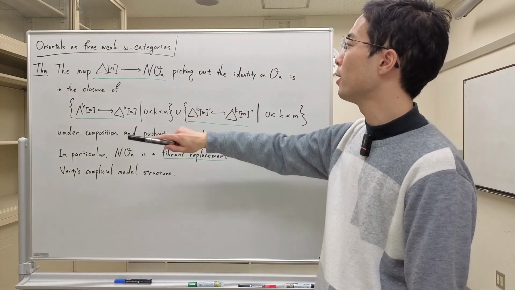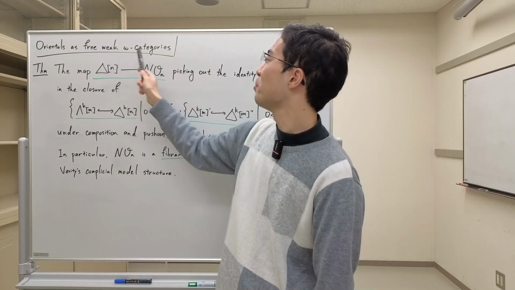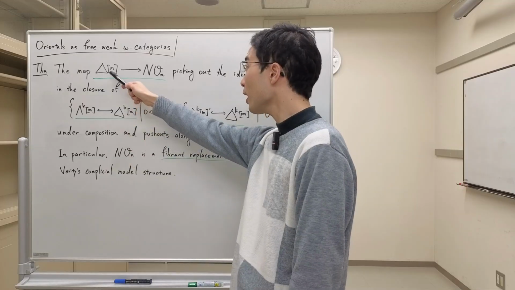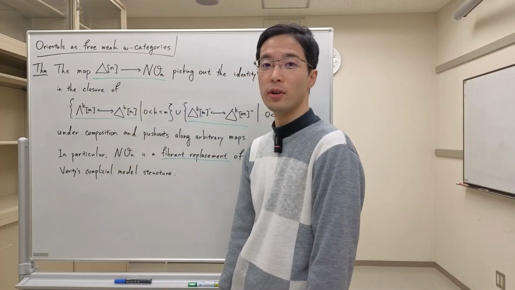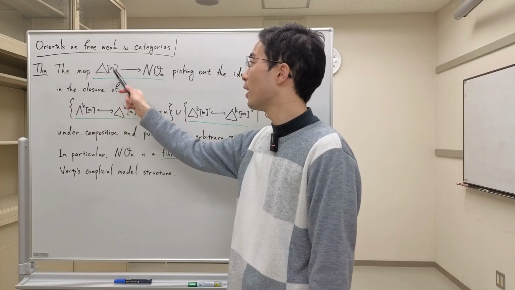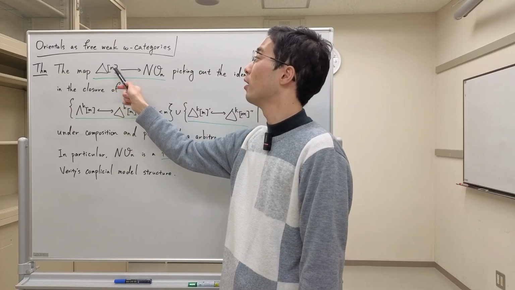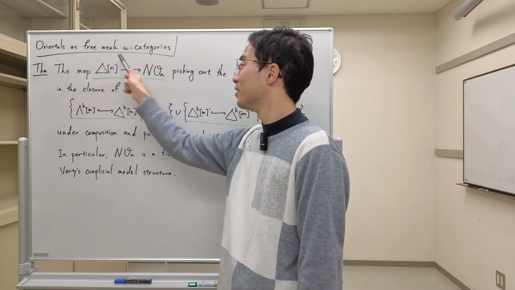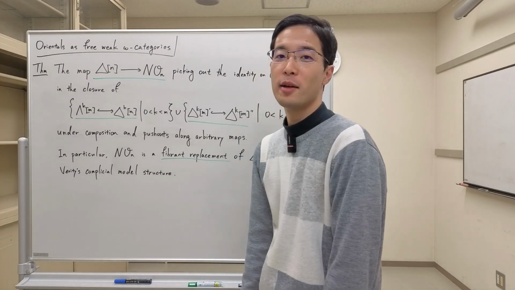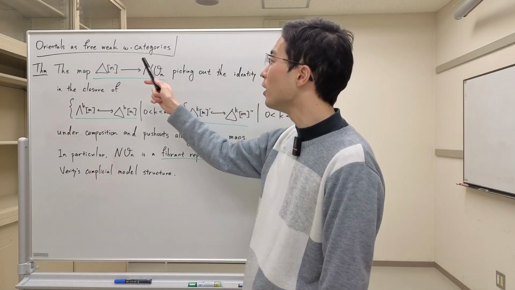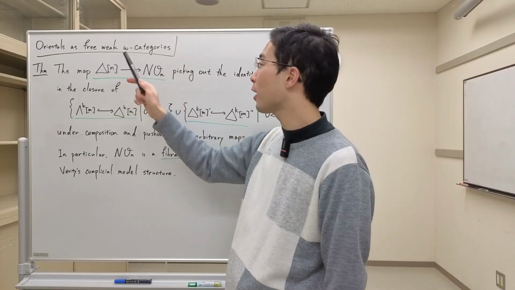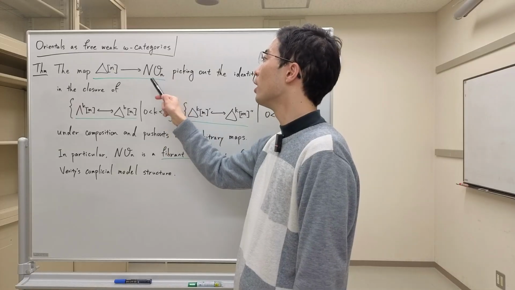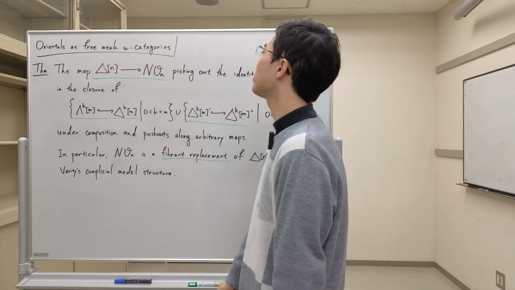And the statement is that here is a map in the category of marked simplicial sets. This is the representable simplicial set, the standard n-simplex, but this is supposed to be a marked simplicial set, so this has the minimal marking, meaning that only the degenerate simplices are marked. And on this side is the complicial nerve of the nth Oriental.